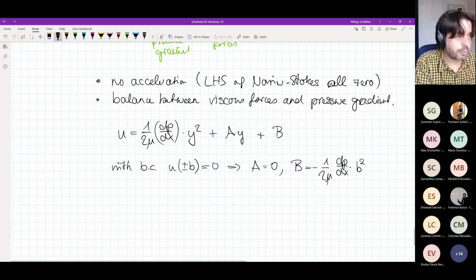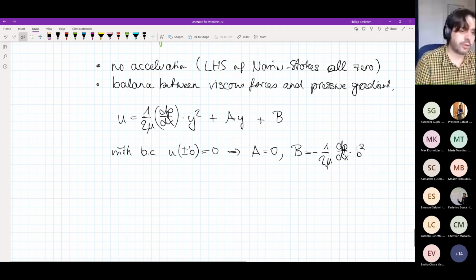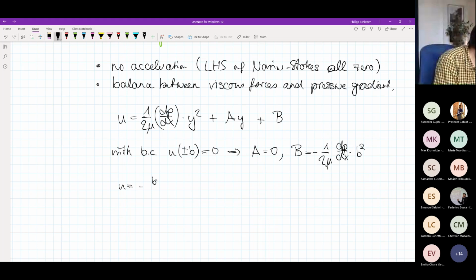So if we now plug in everything back in the equation, we can then get our final result for Poiseuille flow, which reads simply u is minus b squared divided by 2 mu times dp dx, and then we get 1 minus y divided by b, squared.